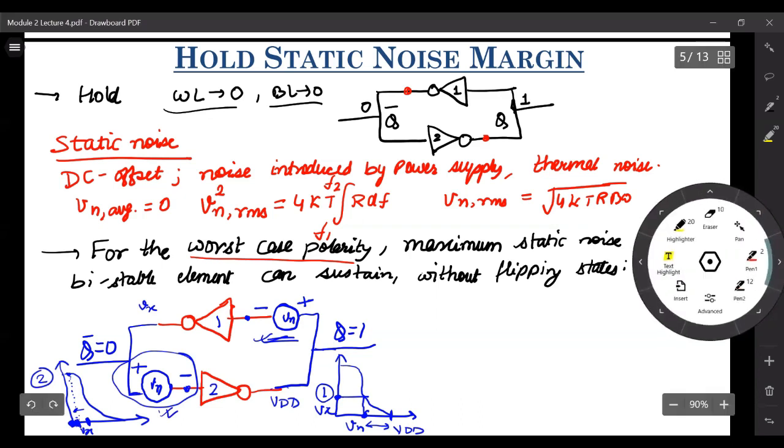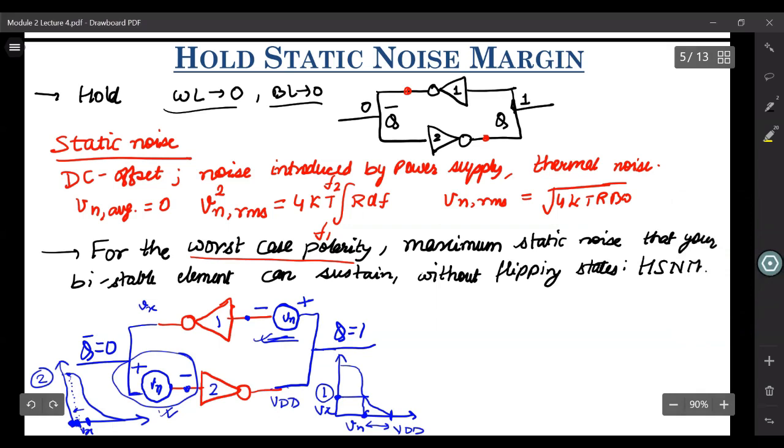So let me draw that case. Here what we do is, you again draw the same thing. Now we draw the noise sources with opposite polarity, opposite polarity for only the second one. Let me draw this and then it will become pretty clear.